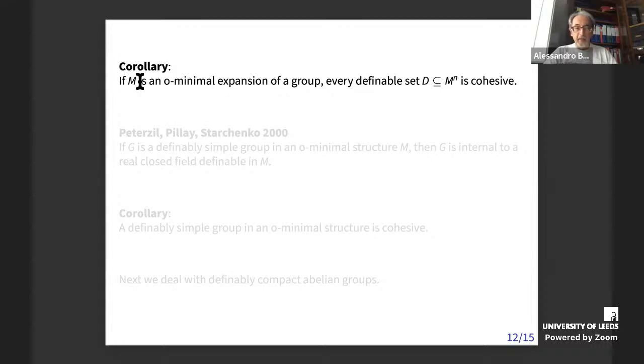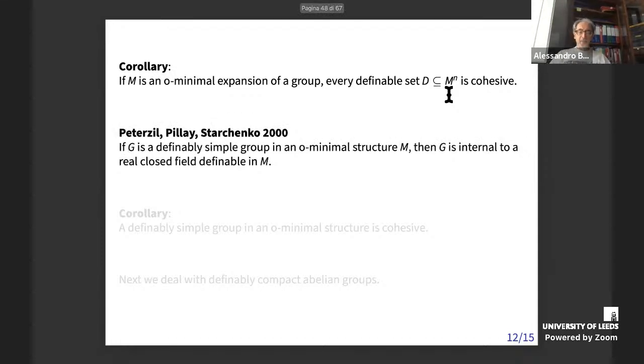Just because M itself has a one-dimensional group structure, so M itself is cohesive. Cartesian products of cohesive sets are cohesive. Something internal to a cohesive set is cohesive. So once you have a non-minimal structure which expands a group, everything is cohesive inside that structure.